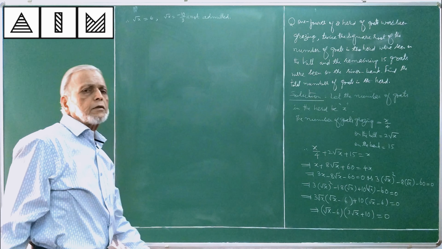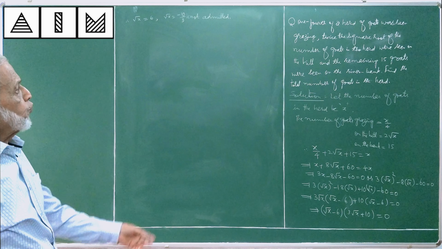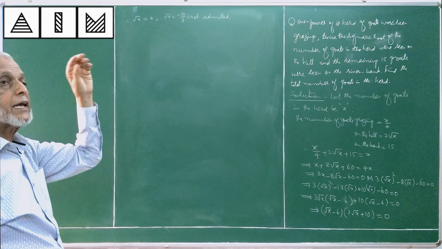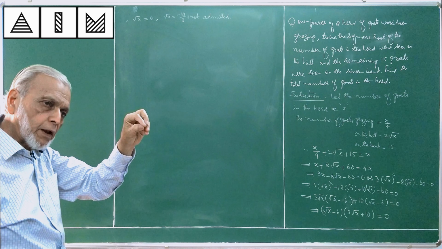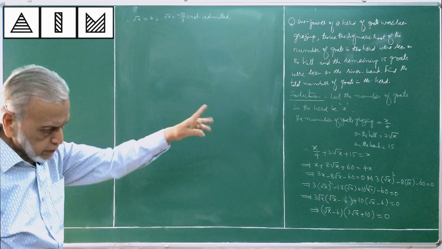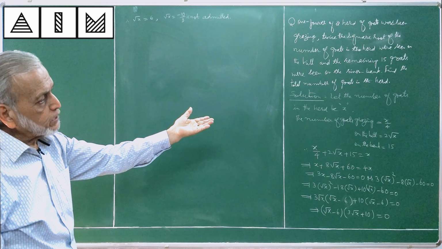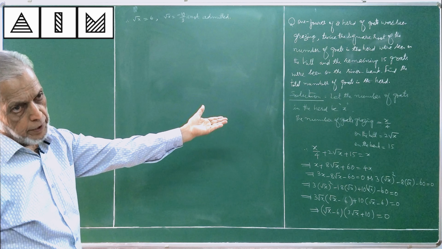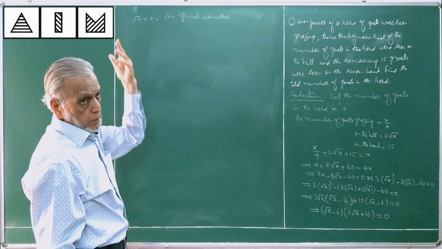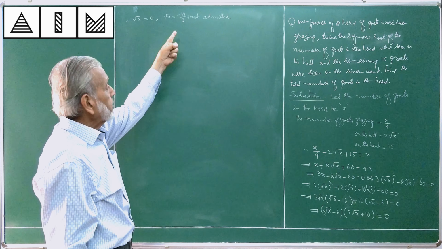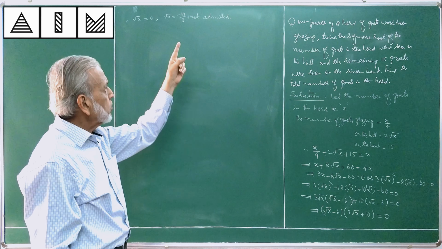You have seen in solving several equations we get such values as are not acceptable according to the context. Here the context is x stands for number of goats. Its square root may be some number, but it can't be negative. So this is not admitted.